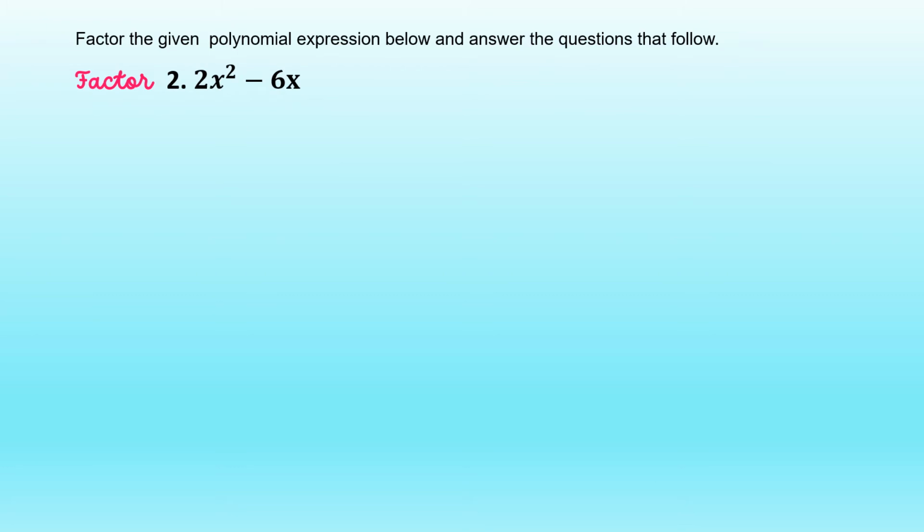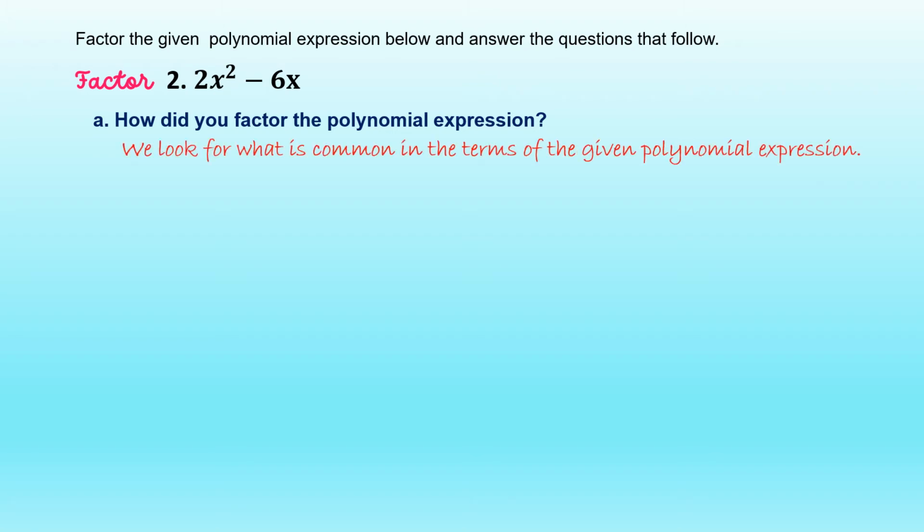Factor 2x squared minus 6x. How did you factor the polynomial expression? We look for what is common in the terms of the given polynomial expression. What is common in the expression 2x squared minus 6x?